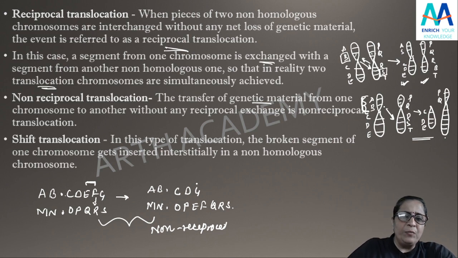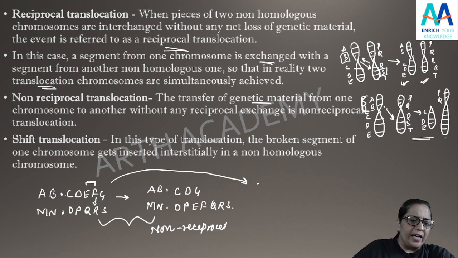And if I talk about the same thing, if the translocation is like that, A, B, C, D, and if the translocation is here, so this will also be there.